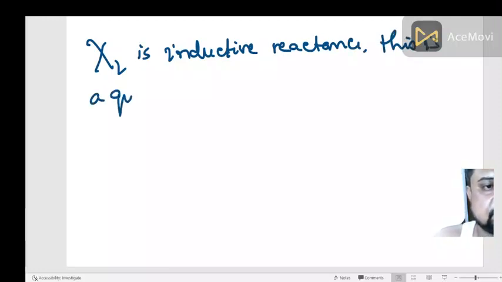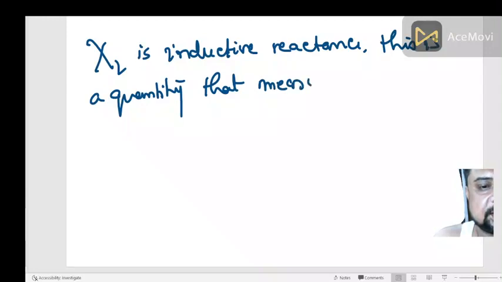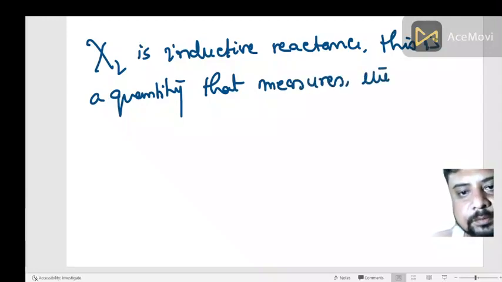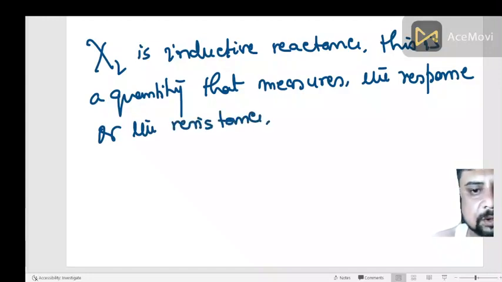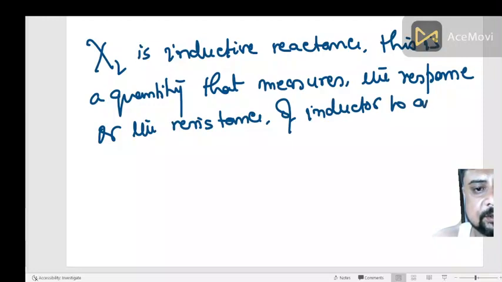This is a quantity that measures the response or the resistance, for simplicity I am using this word, though it should not be used, response or resistance of inductor to an AC supply.